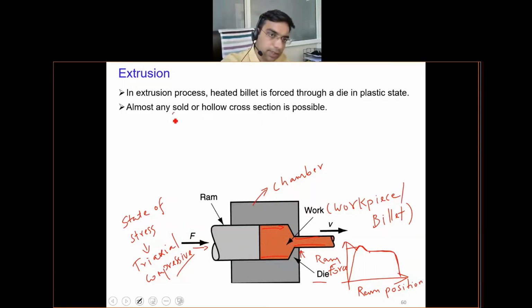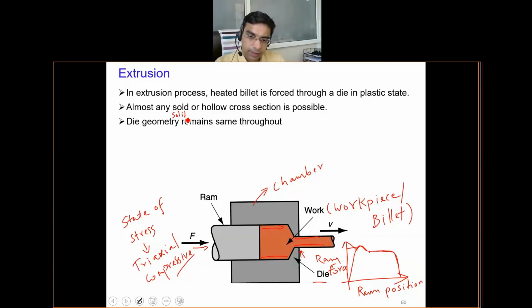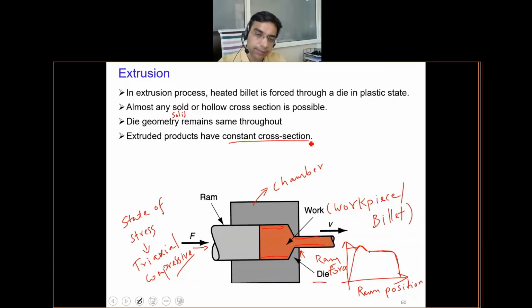Please, the spelling is solid. Die geometry remains the same throughout the stroke of the extrusion process. And the peculiar characteristic of extruded products is that they have a constant cross section area. This is the main catch here.